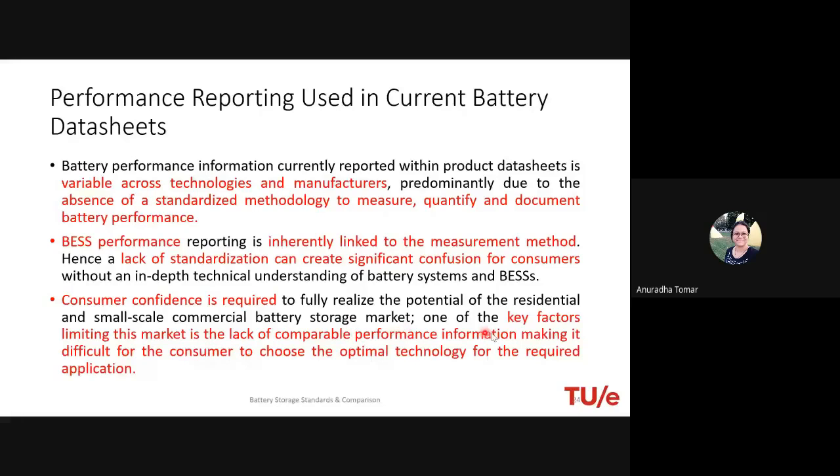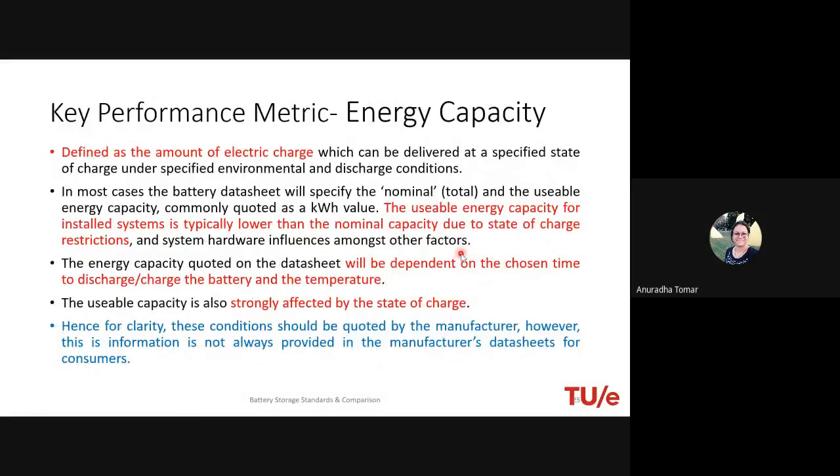This is one of the key factors, but the information to the consumer is missing, because it is not uniform, so the customer is confused about which is the optimal technology, since there is nothing to compare. Every manufacturer has a different format or way of mentioning the specification without mentioning any detail of the measurement method. So these are some limitations.